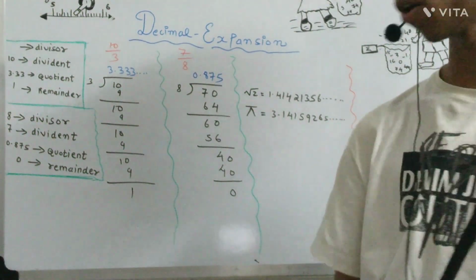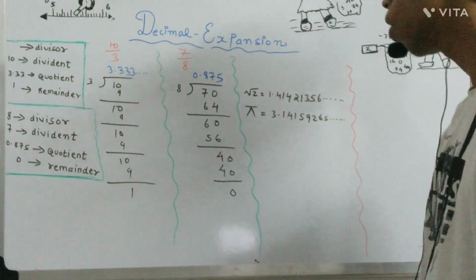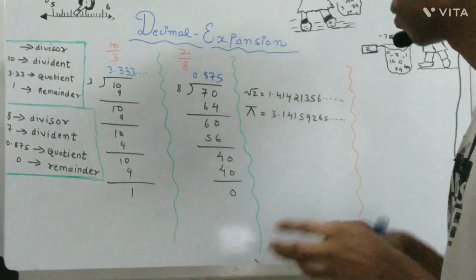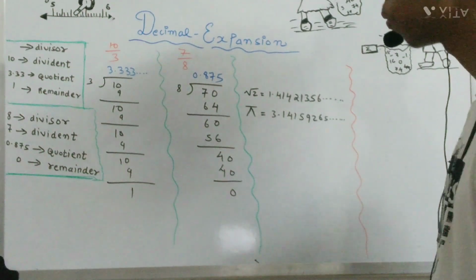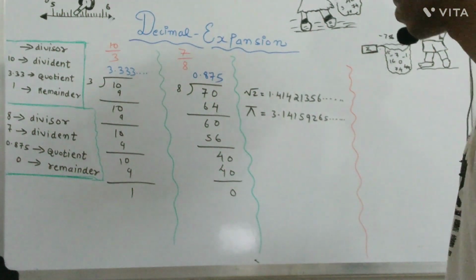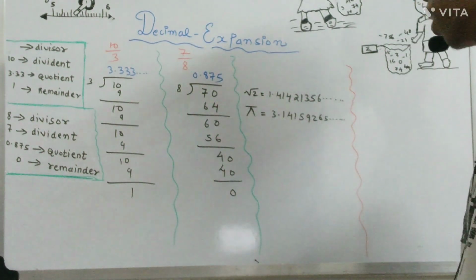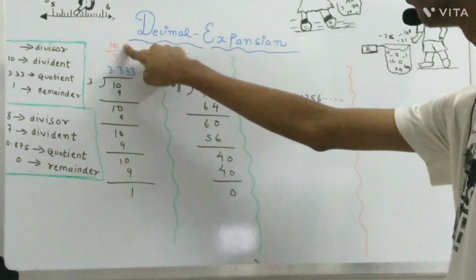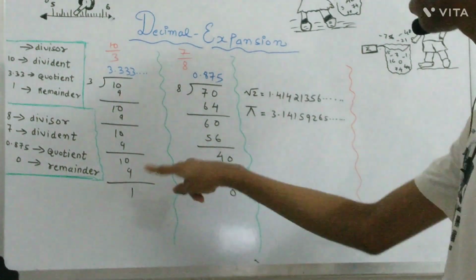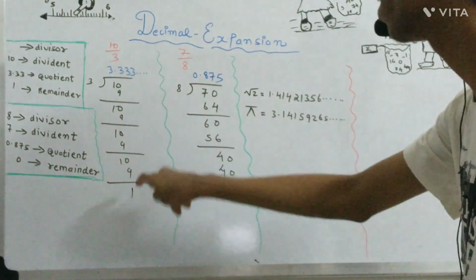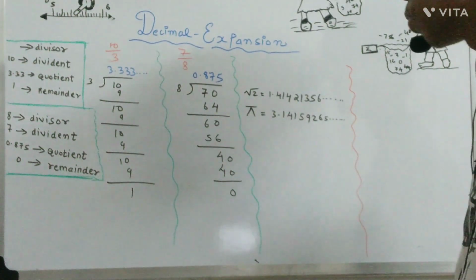Now let's move on to our next topic, which is decimal expansion. We have been learning how to do divisions from lower classes itself. Now let us notice a particular pattern over here. When we do 10 by 3, I have done the division here for you. We see that 10, 9, 10, 9, 10, 9 keep repeating, and finally we get remainder 1.